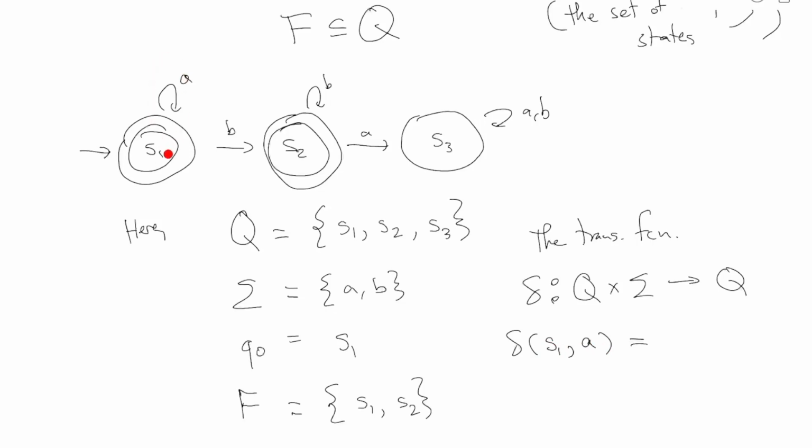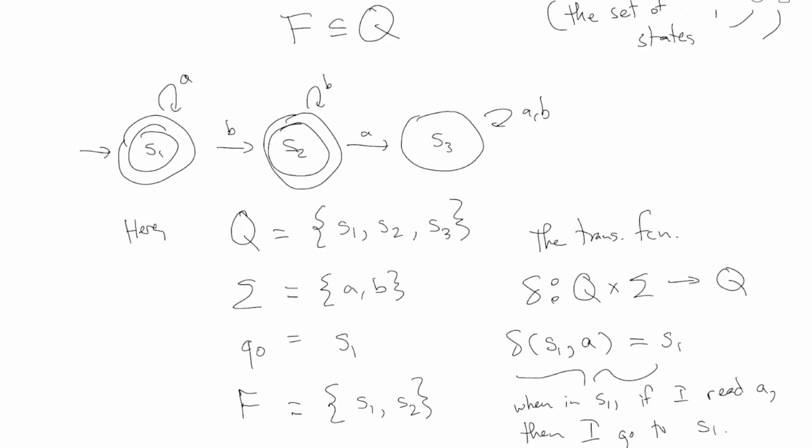And the answer is it points back to S1. So this equals S1. All right? This is one value of the transition function. And your interpretation of this, what that means is when in S1, if I read A, then I go to S1. This is how you interpret that little value of the transition function.